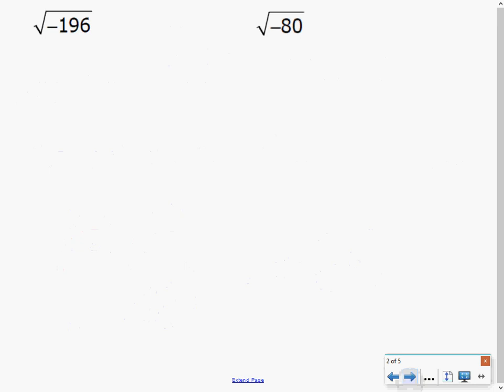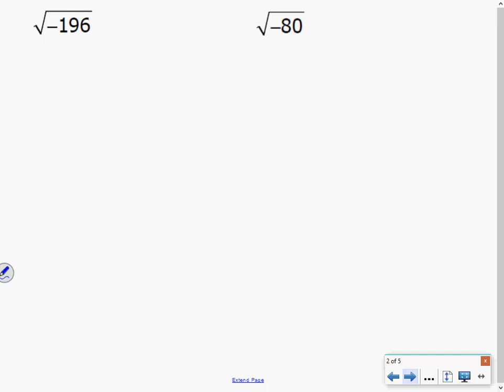So let's look at some negative square roots here. Okay, so I've got two different square roots. We have the square root of -196 and the square root of -80. Now, before we try to break down the square roots any further, I want to show you how we take care of that negative part. Just like we did in the last video, we're going to start by splitting this into two pieces.